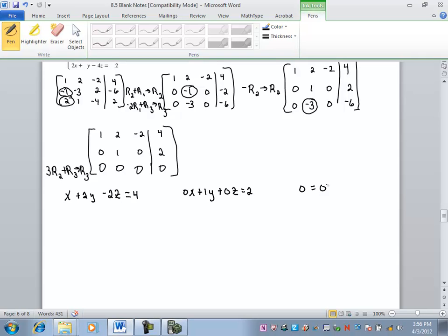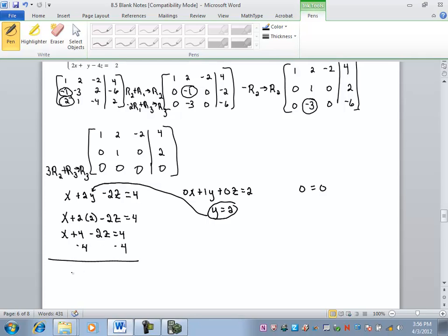Well, what do we know? We know that y equals 2. And so we can plug that in over here. So we get x plus 2 times 2 minus 2z equals 4. So x plus 4 minus 2z equals 4. If we subtract 4 from both sides, we see that x minus 2z equals 0, and x equals 2z.